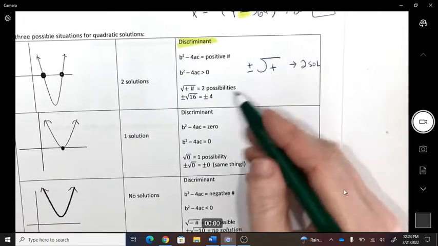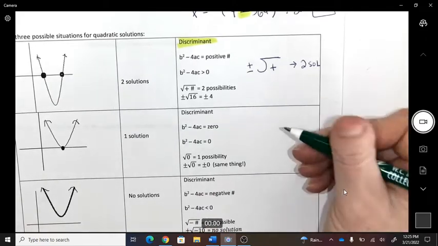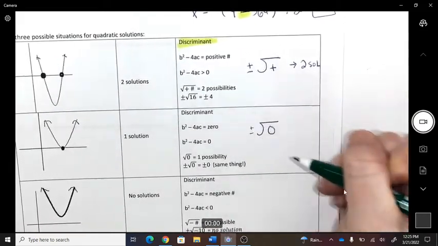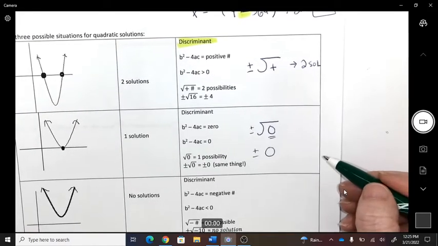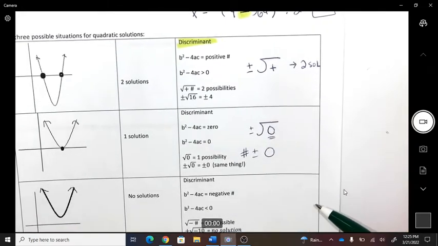What if your discriminant was 0? What is the square root of 0? It's just 0. What happens if you are doing a number plus 0 as one option and that number minus 0 as your other option? Is it going to create 2 different things at the end?